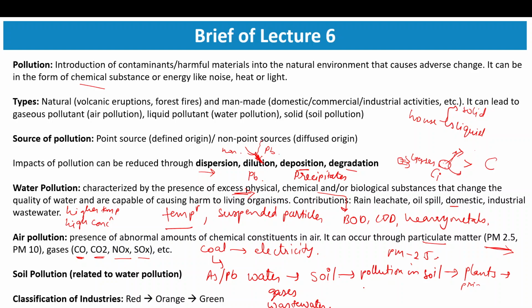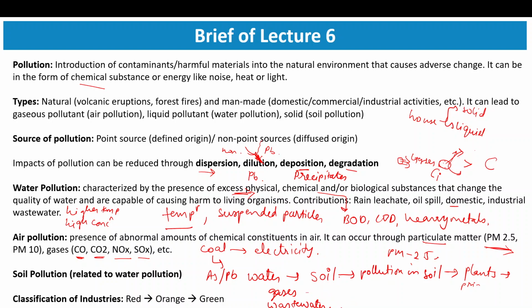So industries have the tendency to create pollution at much larger extents, and depending on the type of industry, may it be the pulp and paper industry, may it be some pharmaceutical industry, the composition of the gas stream and the wastewater streams which are generated will all be different.